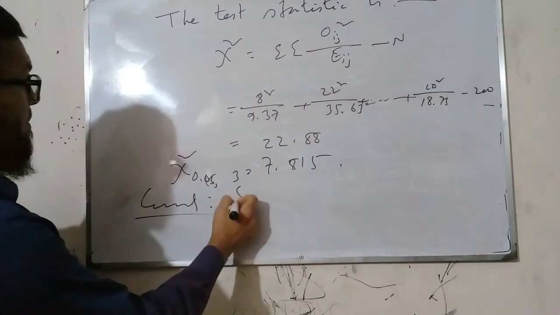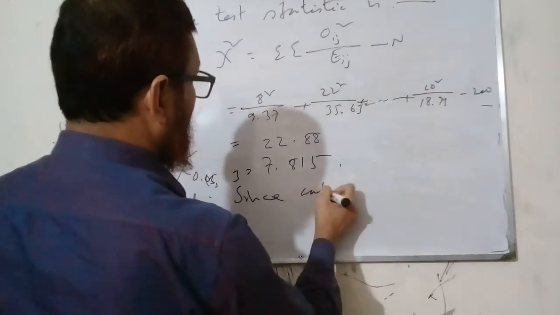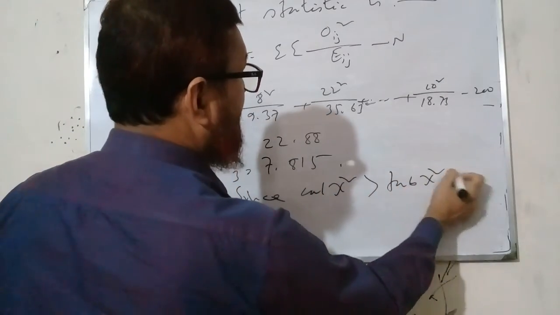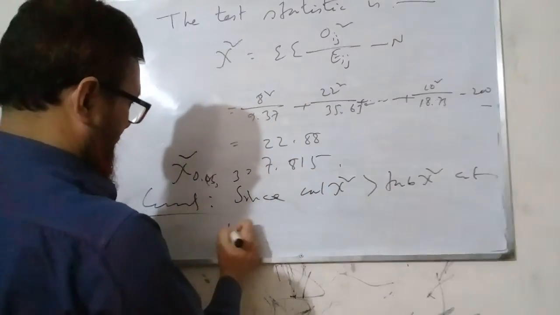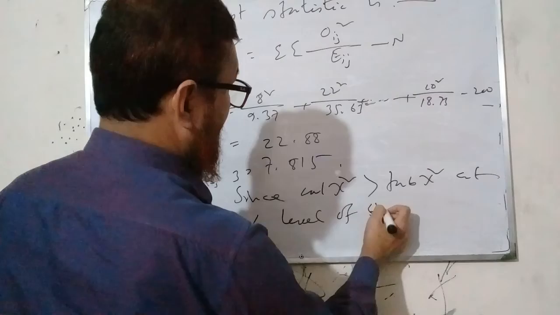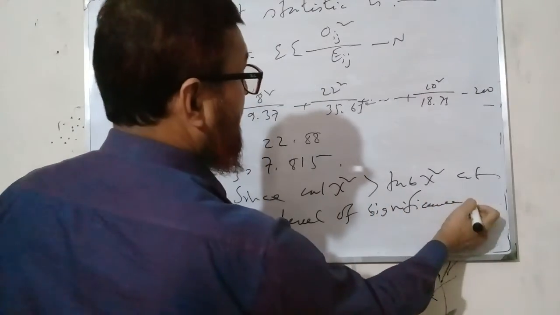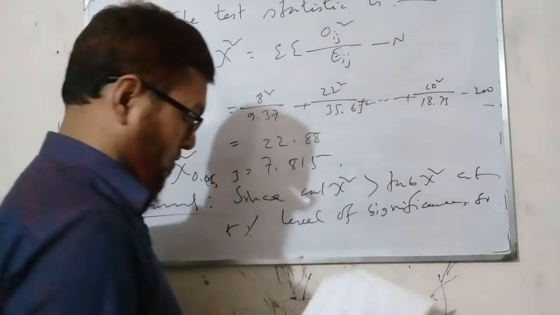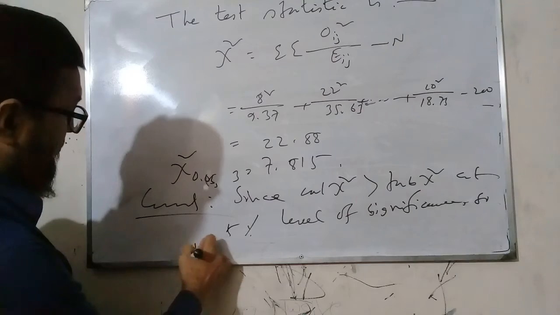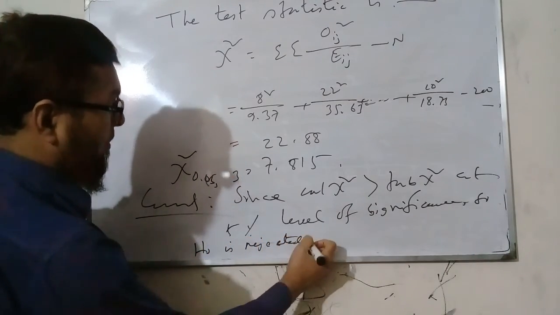Comment: since the calculated chi-square is greater than the tabulated chi-square at 5% level of significance, H0 is rejected.